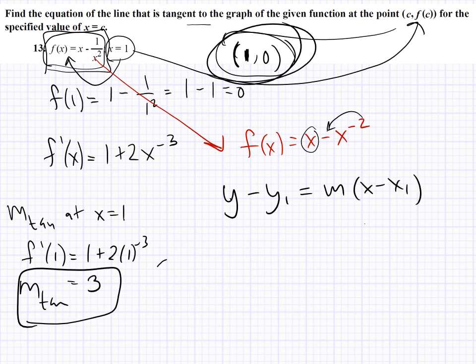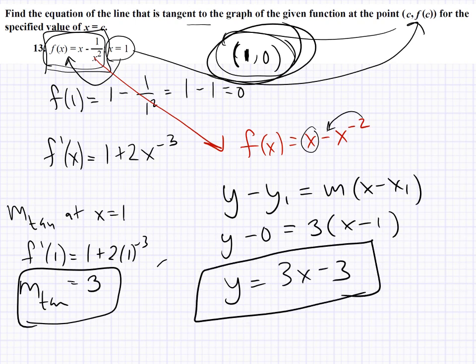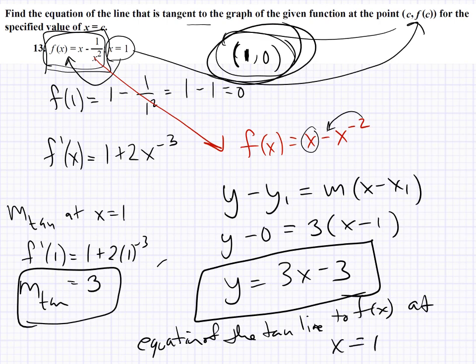All right, and we got y minus 0 equals 3 times x minus 1. So y equals 3x minus 3. That is the equation of the tangent line to f of x at x equals 1.